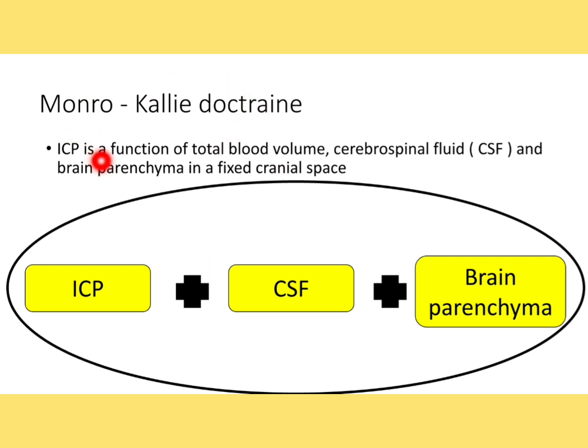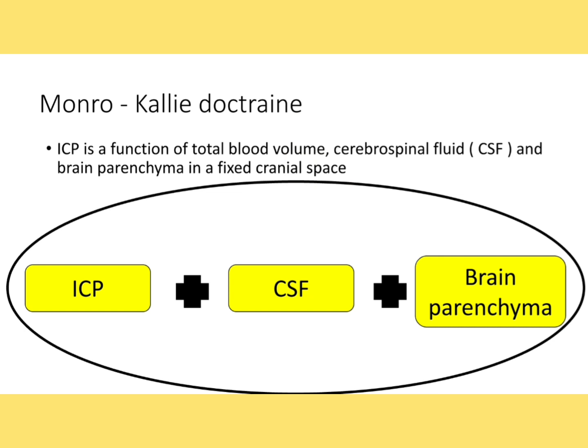It is the pressure and volume relationship between cerebrospinal fluid, blood, brain tissue and cerebral perfusion pressure. An increase in any component will lead to a decrease in the other two components, or otherwise an increase in any of the components will lead to raised intracranial pressure.